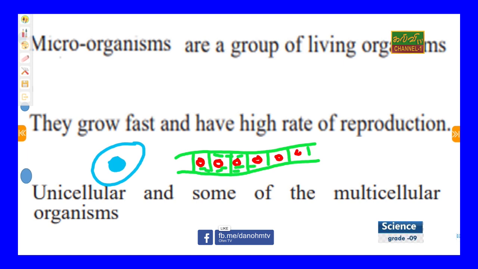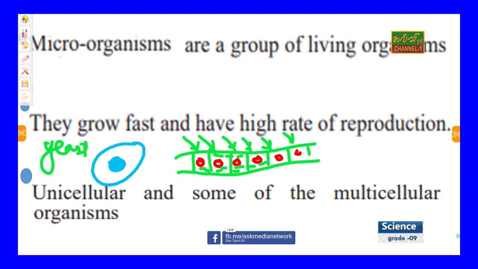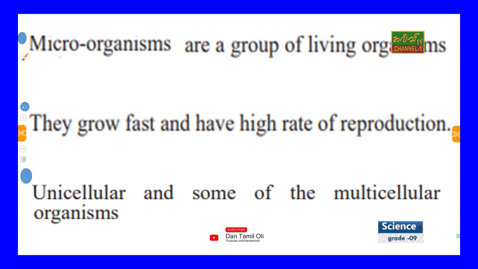So this is not only unicellular; this is 1, 2, 3, 4, 5, 6, like that, multicellular. These are multicellular. But yeast has one cell, unicellular, right. Okay, we will move to the next slide.